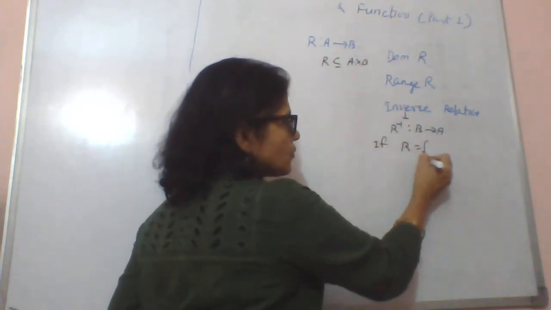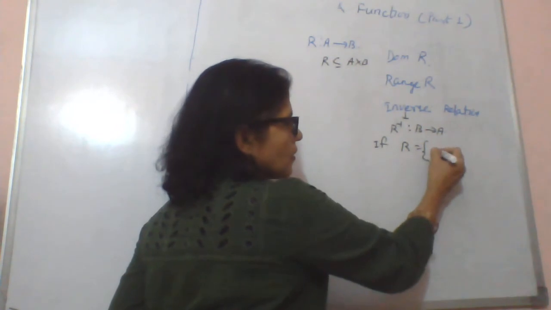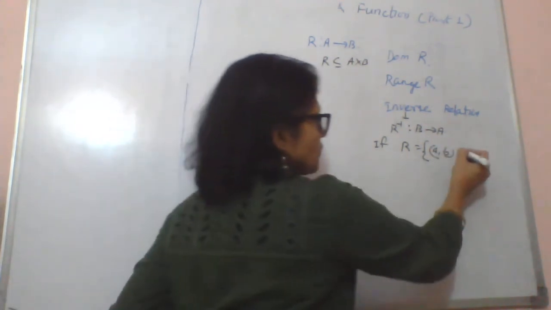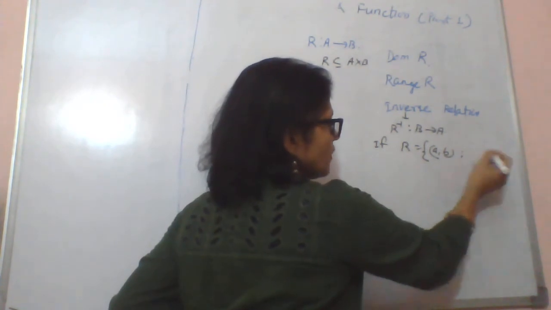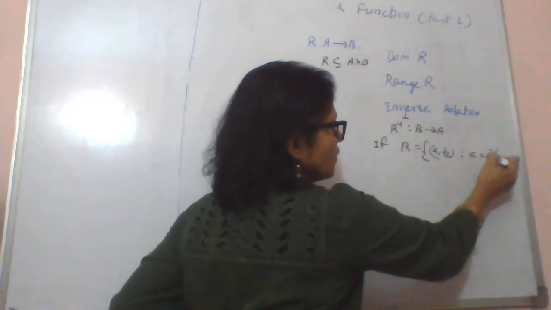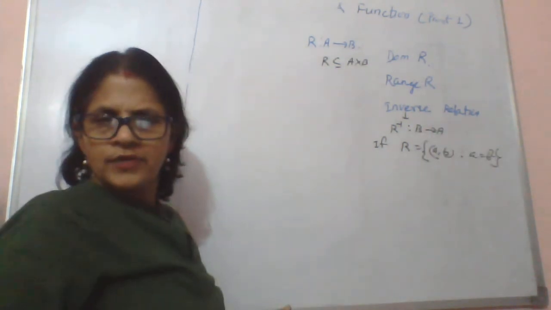It means if R is a relation containing ordered pairs (a, b), suppose for example this is a = b². So maybe this is the relation we are defining.